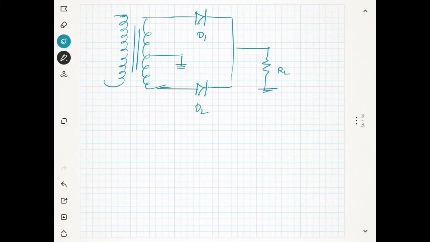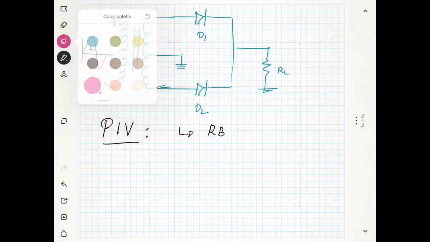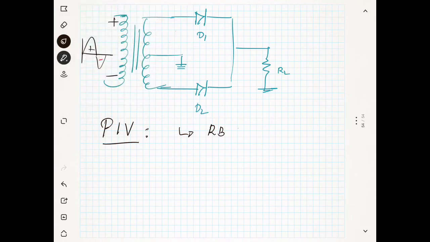Now we will see what the peak inverse voltage is. I told you we will consider the diode which is reverse biased. Now suppose you have an input which is a positive half cycle. When it is positive half cycle, you can see the other one is negative. So during the positive half cycle, you have positive and negative here. The same thing will be repeated here. Okay, so this is at 0 volt.